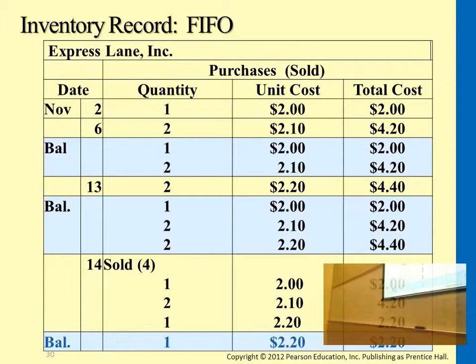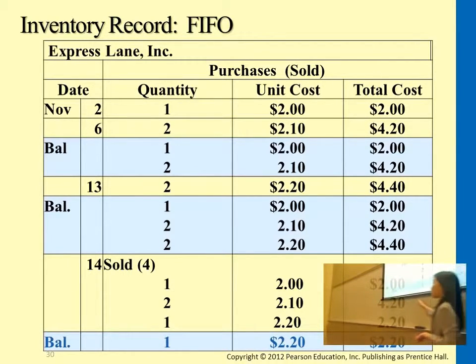Altogether you have $8.40 for FIFO cost of goods sold. So in the ending balance, you see cost of goods sold expense 840. Ending inventory that's in the warehouse in your company, 220. So total cost available for sale altogether is 1060.